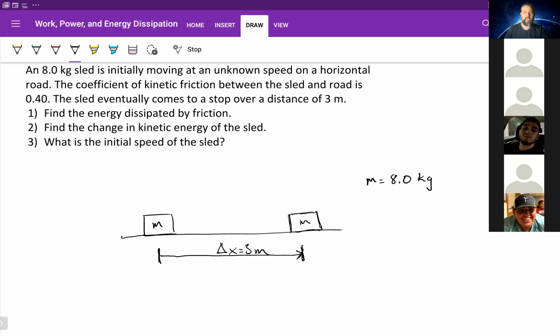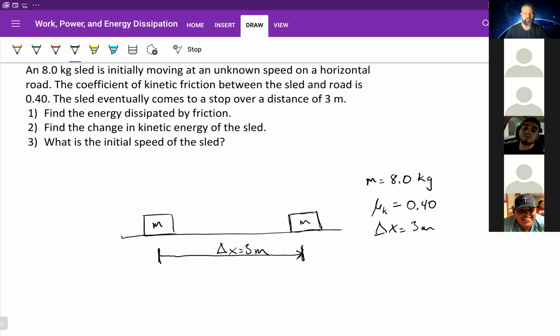We were given a kinetic friction. Kinetic friction means it's moving, so it's going to have an initial velocity there, and it's going to work against the motion. So we have a kinetic friction mu sub k equal to 0.40. Kinetic and dynamic mean the same thing there. We have a delta x of 3 meters.